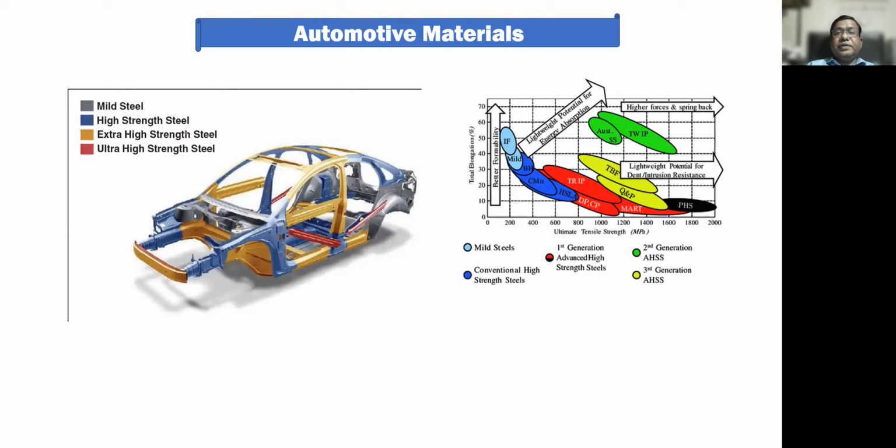So this is an example of how different materials, whatever we have learned, have a need or application in practice. All engineering things are basically driven by commercial things. So automotive materials, how these are changing. As I told, here strength is increasing and elongation is decreasing. So people have tried to develop different steels.